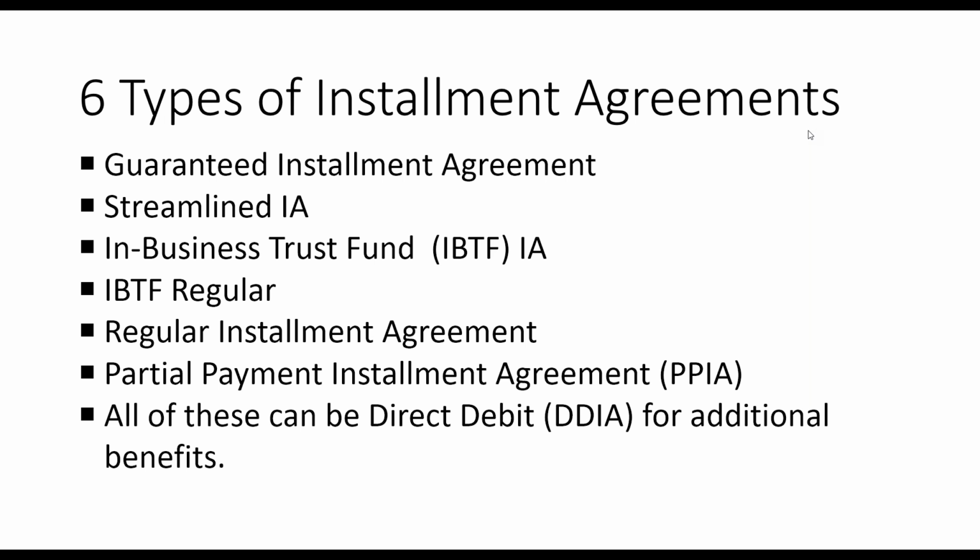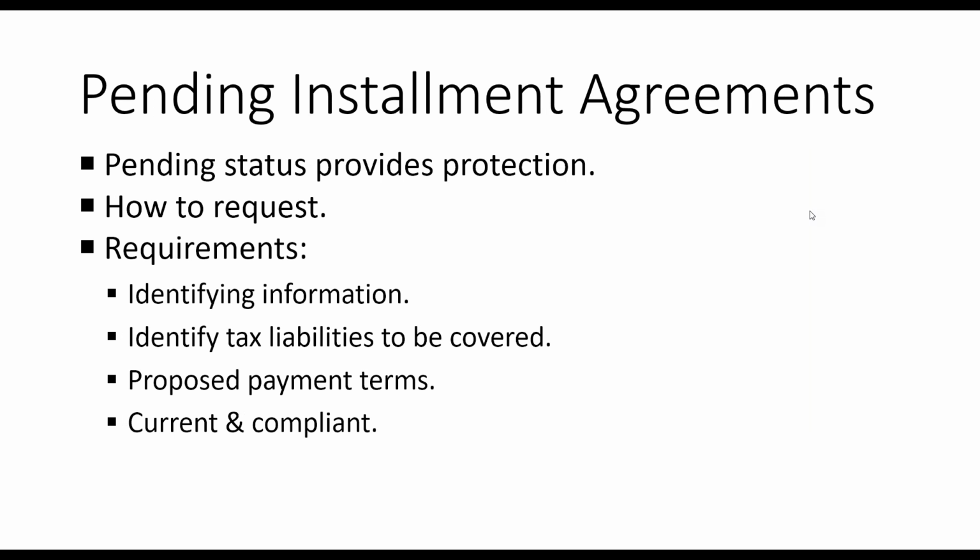For your taxpayer that is staring down the barrel of a PPIA, it is wise to run the RCP calculations and determine their eligibility for an offer in compromise. Now, all of these types of installment agreements can also be set up as a direct debit installment agreement, often for additional good treatment from the IRS.